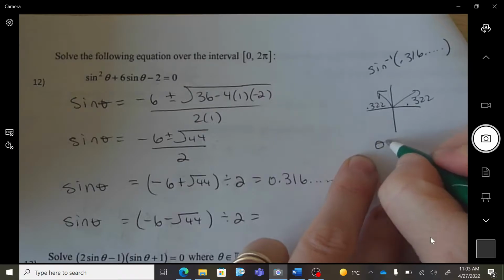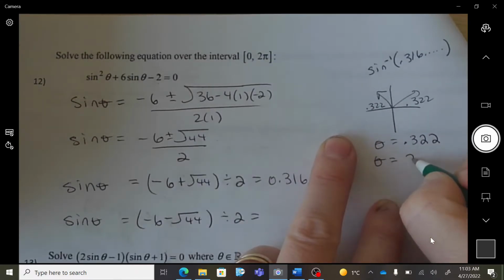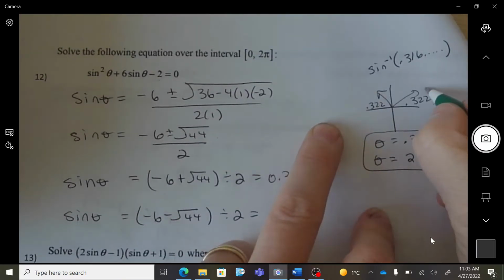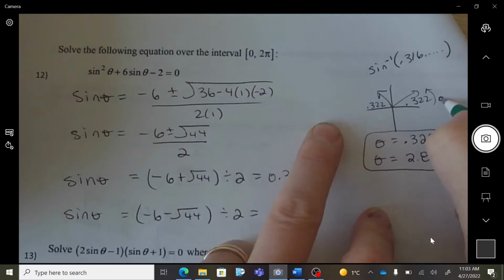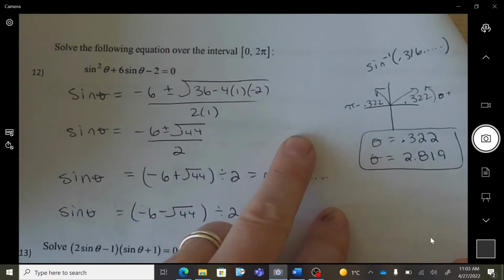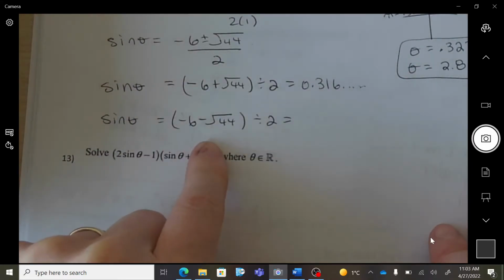So here the angle would be 0.322 and 2.819. Sorry, that was 0 plus, and this was pi minus. Okay, now I'm going back here.